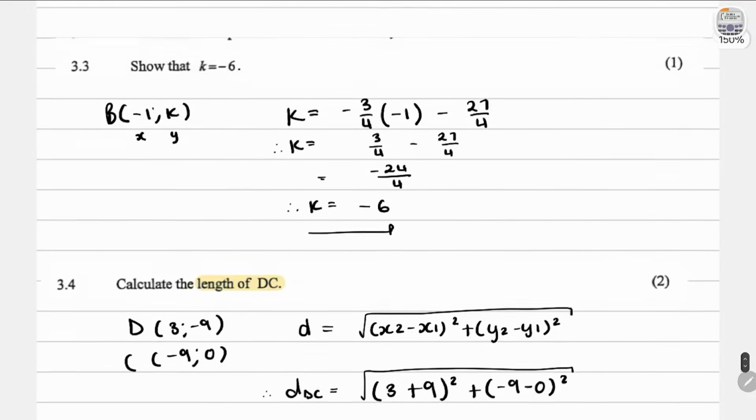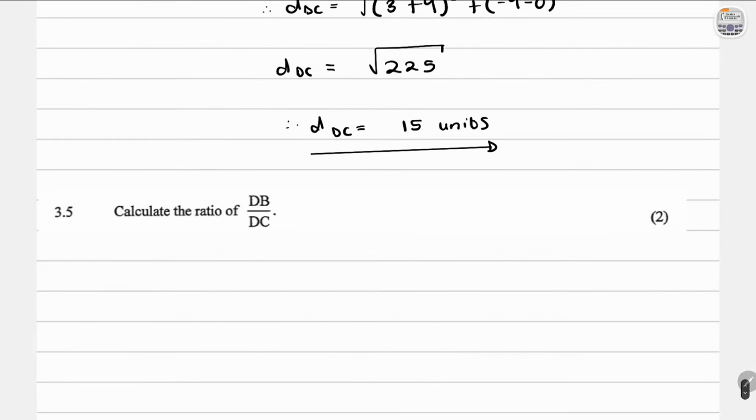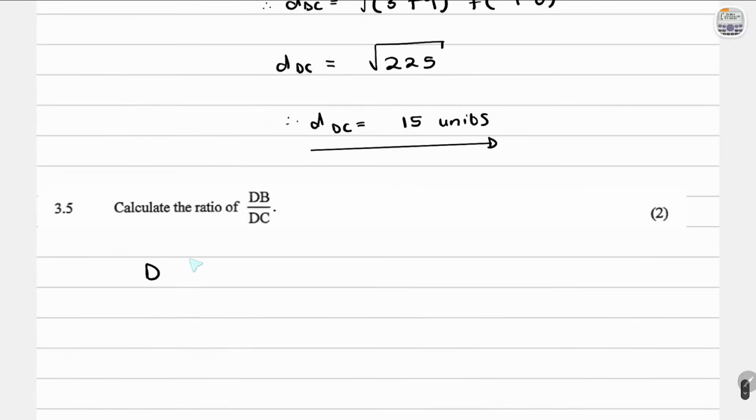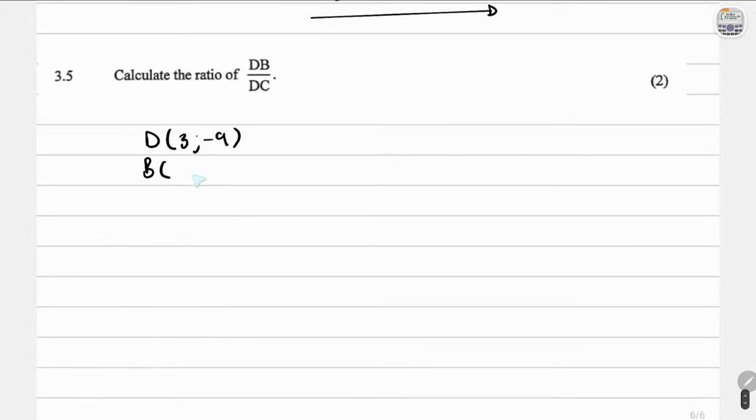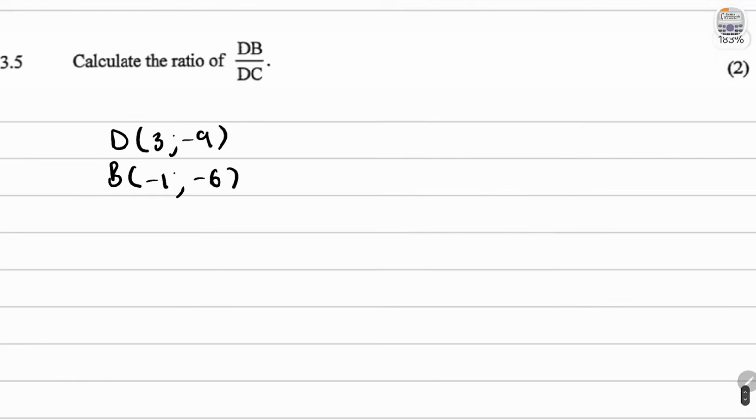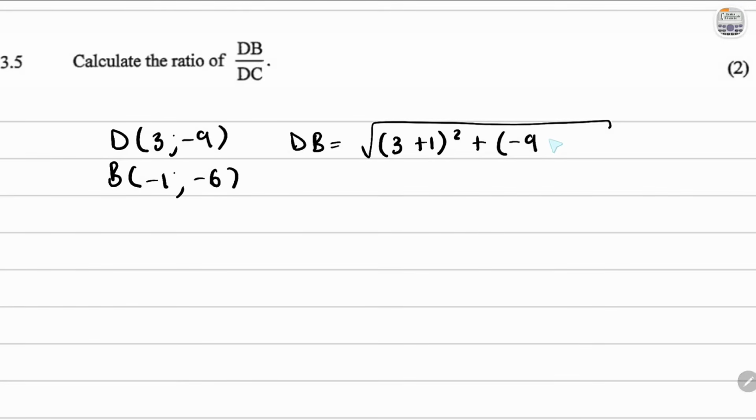K was -6. So we have D, which we remember is 3 and -9, and B is -1 and -6. We just need to find that length, then we can put them over each other. So again, the distance formula, but we can just substitute at this point. x2 minus x1, we can just say 3 minus -1, which is +4, all squared, plus y2 minus y1, which is -9 minus -6, which is -3, all squared.